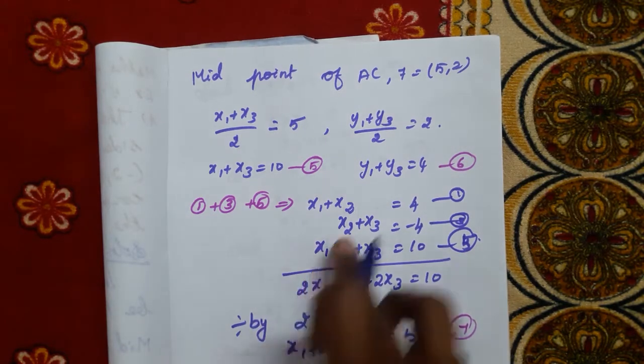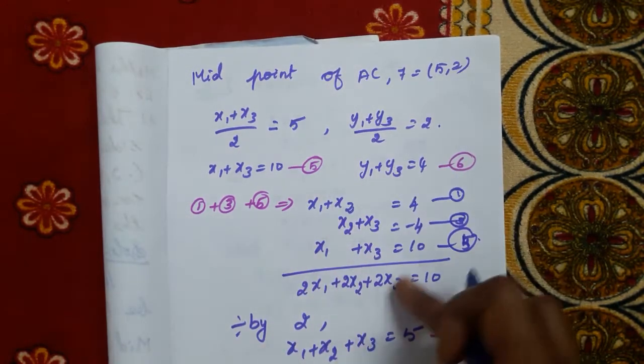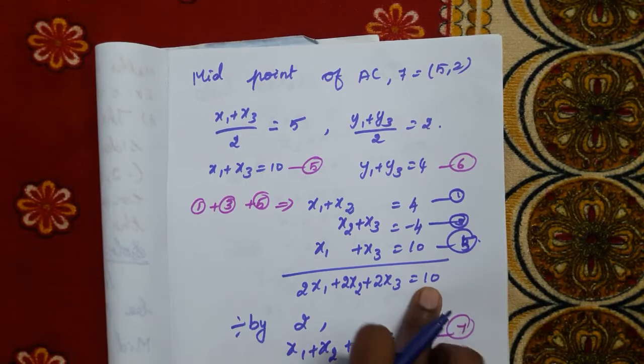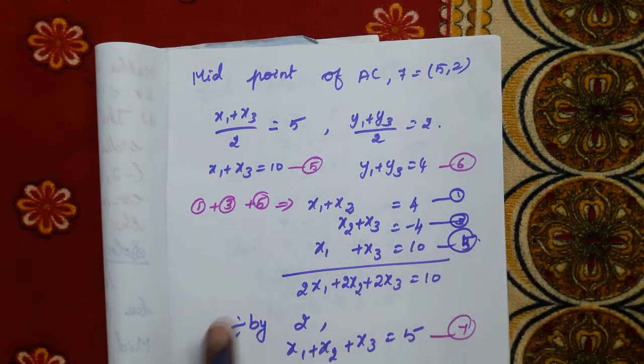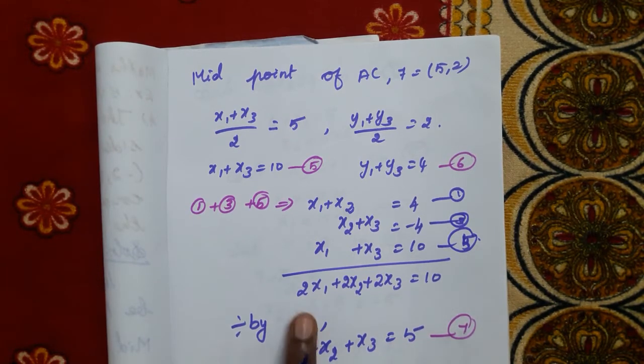When we add, we get 2x1 plus 2x2 plus 2x3 is equal to 10. Clear? When we divide by 2, x1 plus x2 plus x3 is equal to 5. It is equation 7.